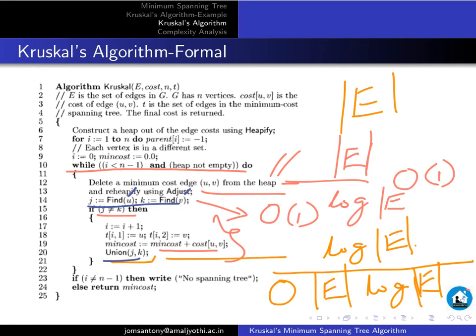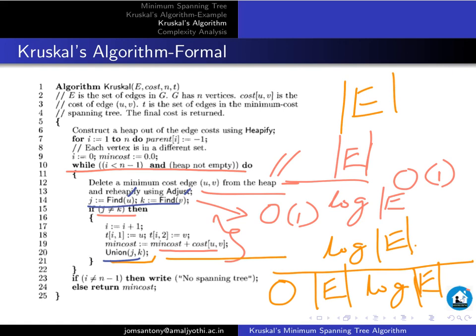And it means that if j is not equal to k, then the selection of these vertices, that is u and v, will not create a cycle. If it turns out that j is equal to k, then it means that the selection of u and v at this stage will create a cycle.